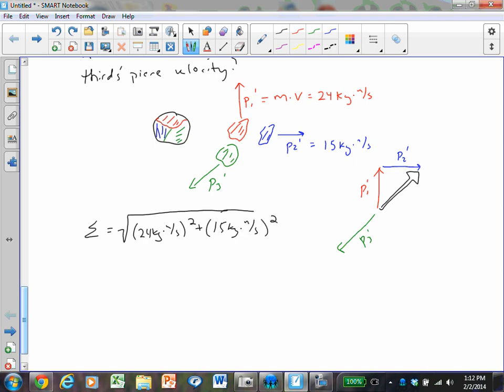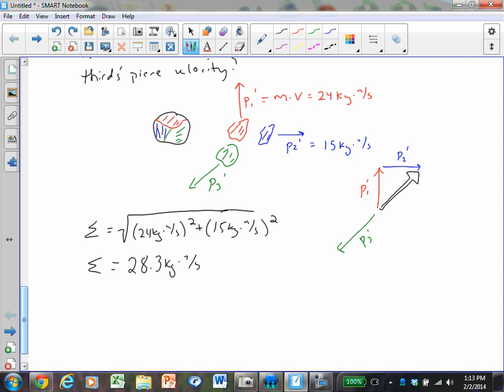So we can find that sum of 801, take the square root of that, 28.3 kilograms times meters per second. Okay?